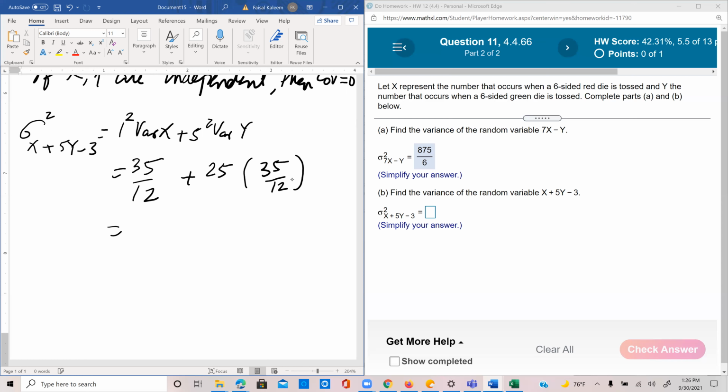If we factor out 35 by 12, we get 1 plus 25, that's 26 by 12, so 13 by 6. And 35 times 13 is 455. So 455 by 6.